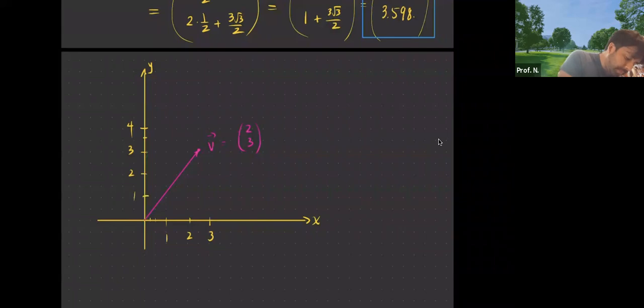It's not going to be the straightest line in the world, as you can tell.